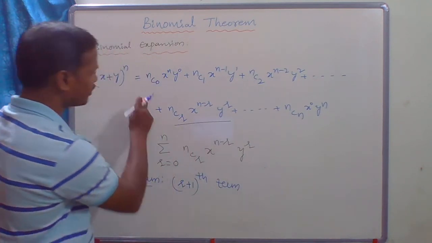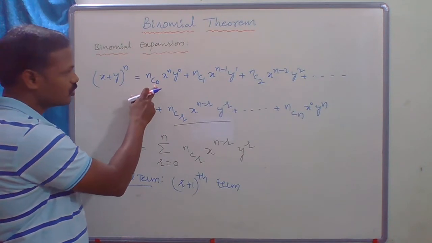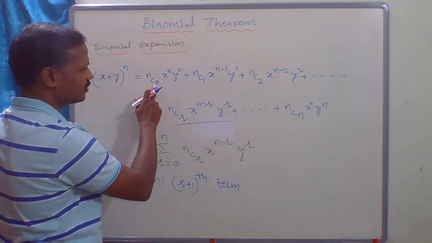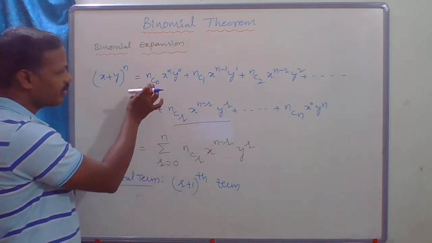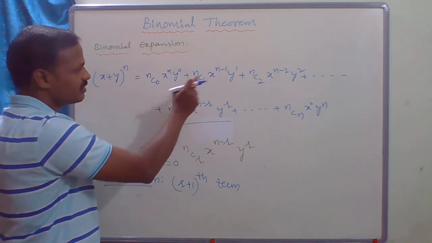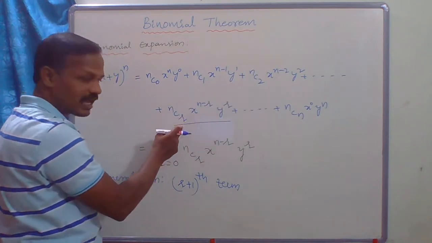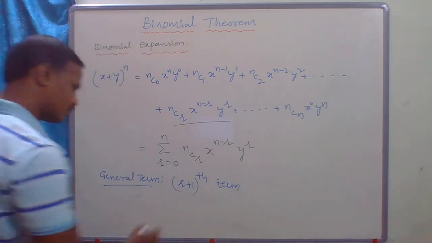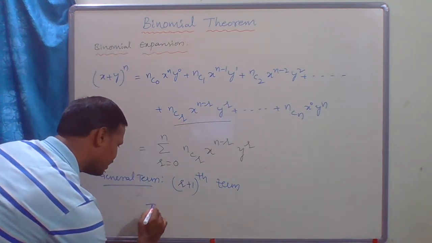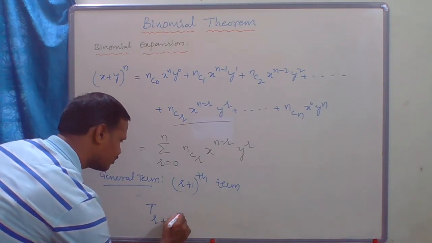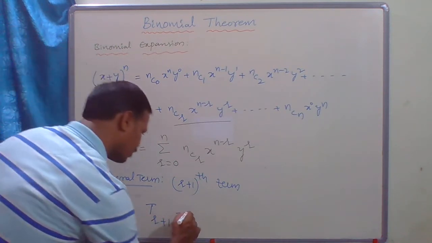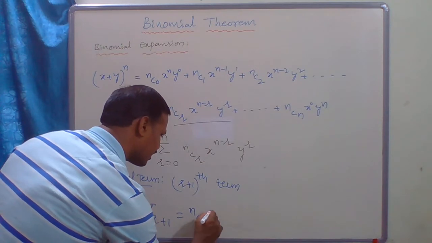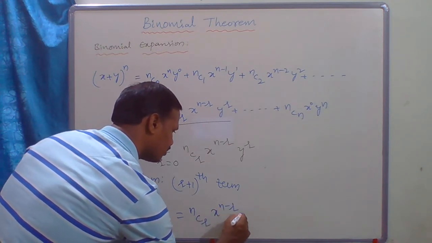Yes or no? Because we are starting from 0, so this is the first term, second term, third term. This is the (r+1)th term, denoted by T(r+1), which equals nCr x^(n-r) y^r.